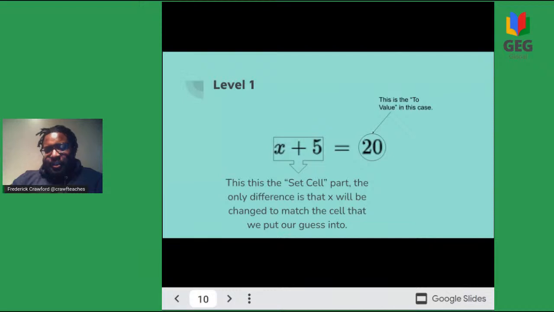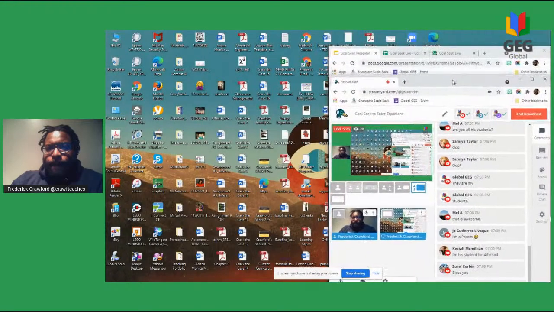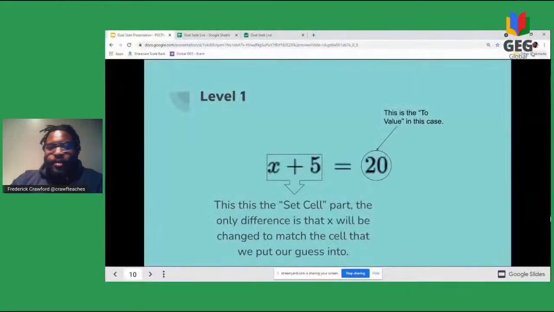So let's stop to share a little bit and transition. This time I'm going to share the whole entire screen so it could be easier to see. Everybody see my whole screen? All right.